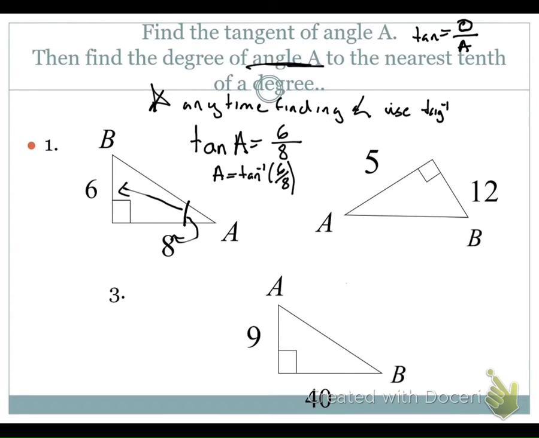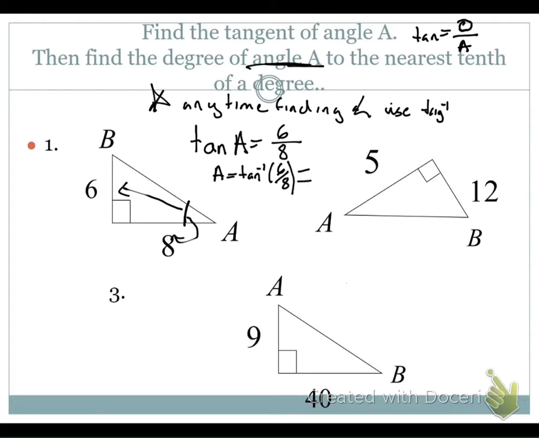When you're putting this into your calculators, you have to use the second button, and then you hit the tangent button. So second tangent, it'll come up looking like this, with the little -1 on your page, and then you put 6 over 8. Wait, repeat that. Second, tangent, and then 6 divided by 8 is 6 over 8.